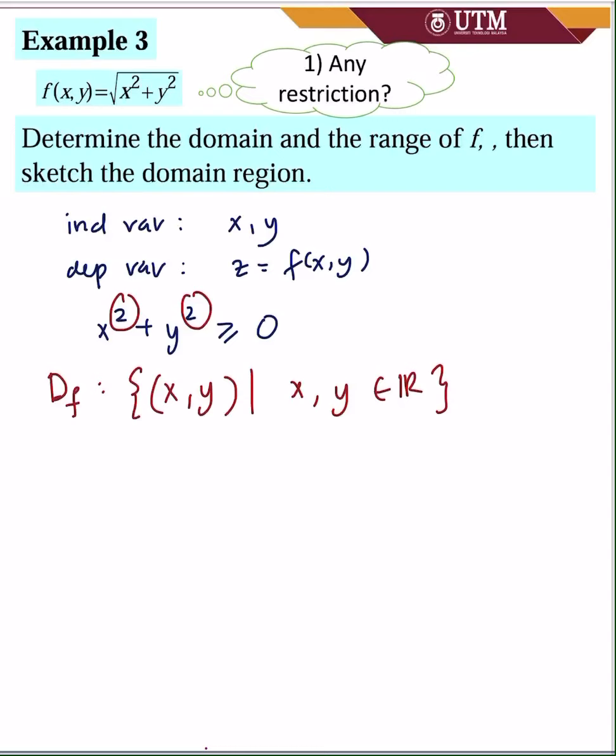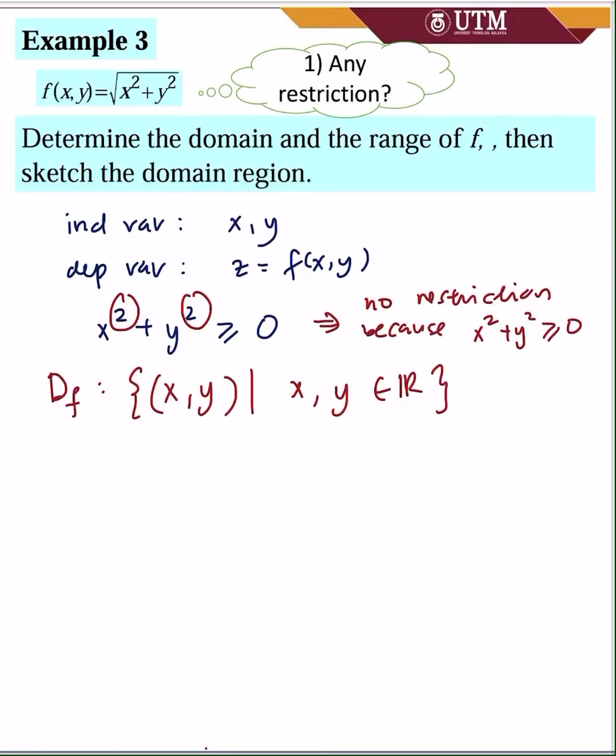If you pick any number, it always fulfills being greater than or equal to 0. Therefore the domain for this one is all real numbers, with no restriction, because x squared plus y squared is always positive.